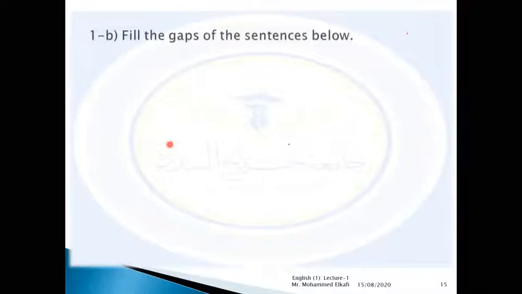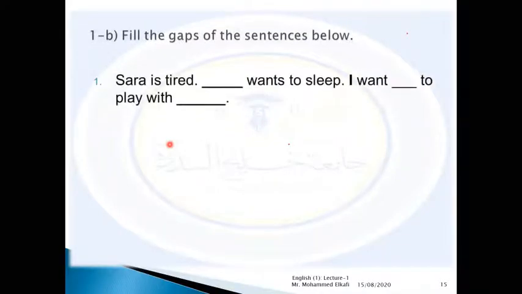Another type of question: fill in the gaps of the sentences below. Sarah is tired, dot dot wants to sleep. What do you think of the word that can be used here? Yes, it's a pronoun because it comes before the verb.